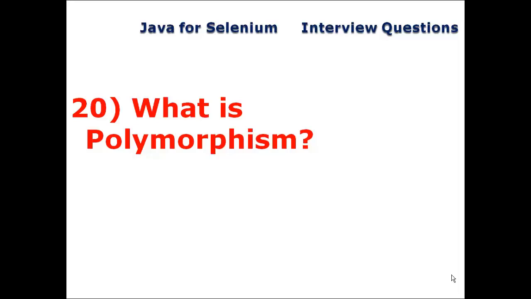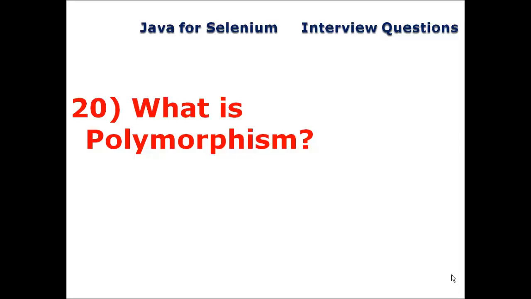Next, what is polymorphism? Polymorphism means extents of object behavior in many forms. There are two types of polymorphism in Java: compile time polymorphism, static binding, method overloading.